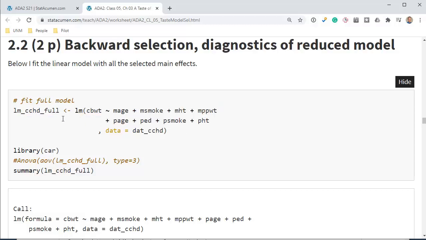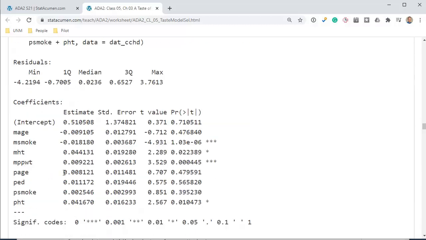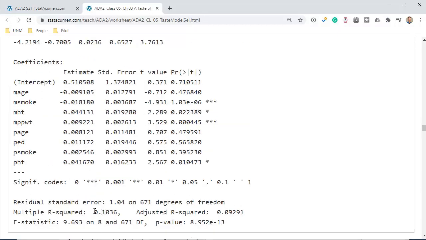We put that into an object, linear model, CCHD, that's the data set name, full for the full model. And we're going to look at a summary. I'm going to skip over the summary except to say that the proportion of variance it explains is 10.4%. Okay, not very much. Child's birth weights seem like they're going to be hard to predict from these features from the parents.